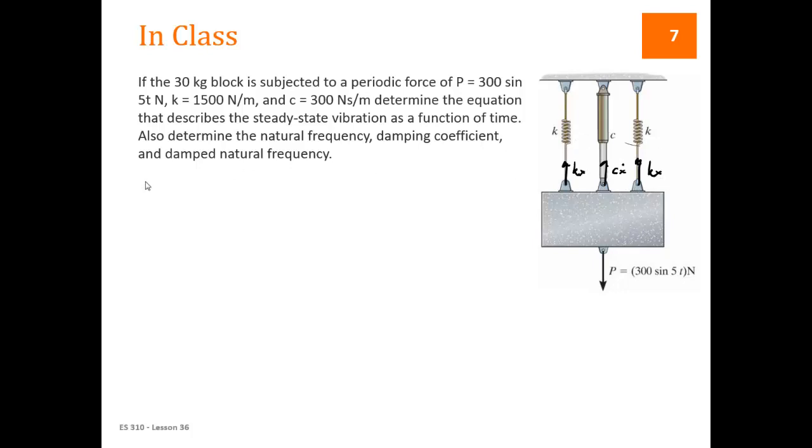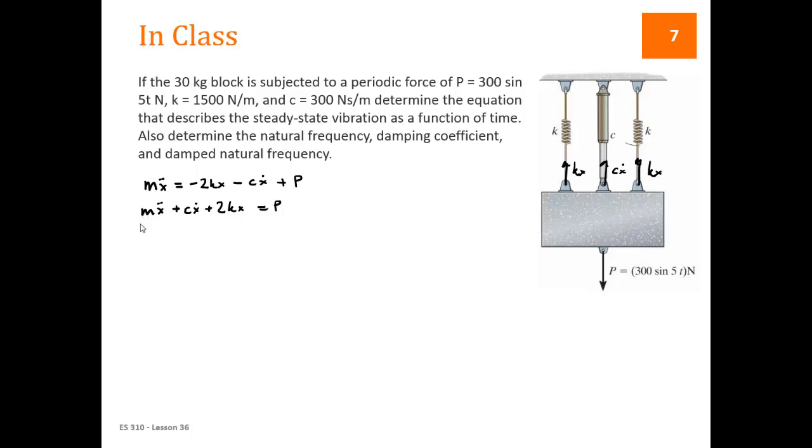So if we write our equation of motion for this, we've got the mass times the acceleration, written as x double dot, is equal to minus 2kx, that takes care of those 2 terms, minus cx dot, that term, plus p. Let's move all the x terms to one side. So we get mx double dot plus cx dot plus 2kx is equal to p. Let's plug in all our numbers.